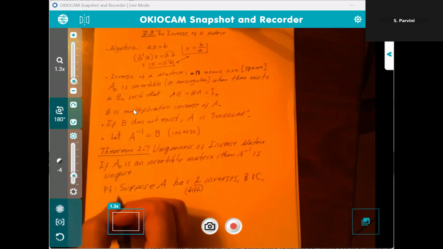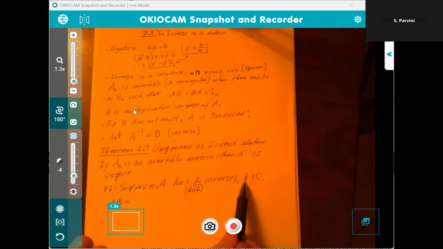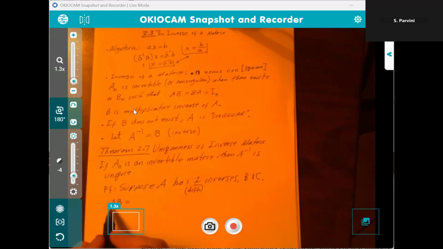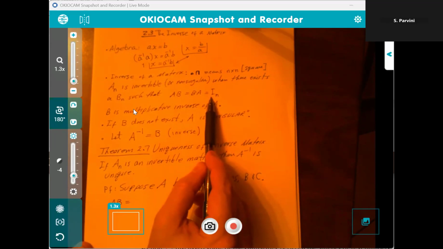Now, by definition of inverse, when I multiply A times B, remember B is the inverse for now, A times B will give me the identity matrix.